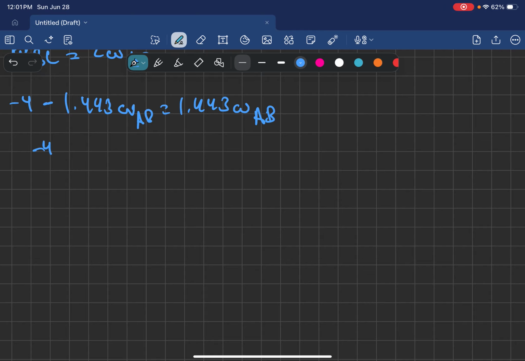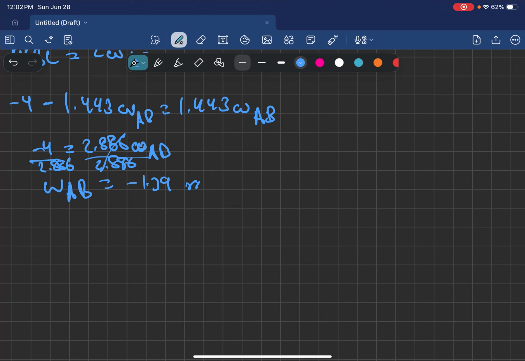So for this we have -4 equals 2.886 times the angular velocity of AB. Just go ahead and divide this over, so then you would have -1.39 radians, and then remember that you would have to multiply that by -2.